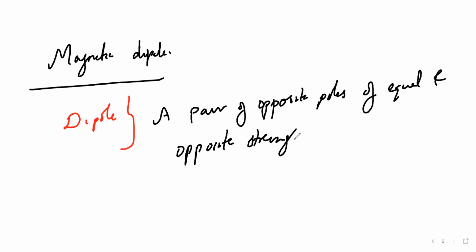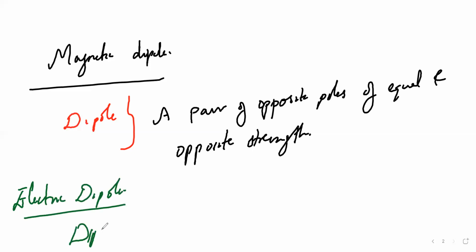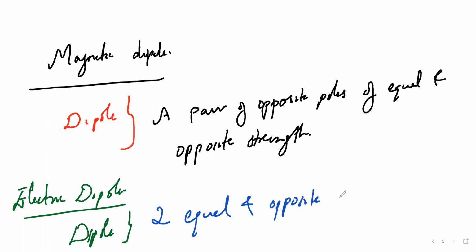So I'll tell you how to study. This is a magnetic dipole. In case of electric, how was a dipole defined? Two equal and opposite charges separated by a distance.